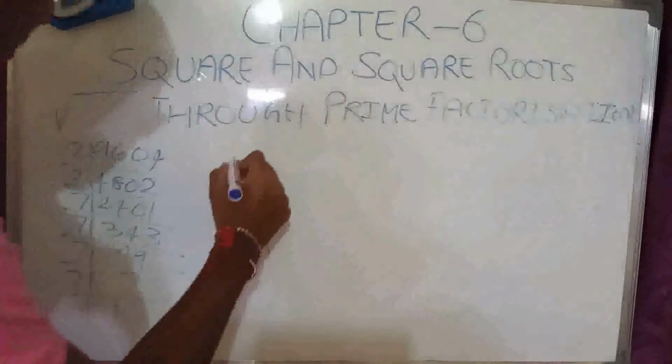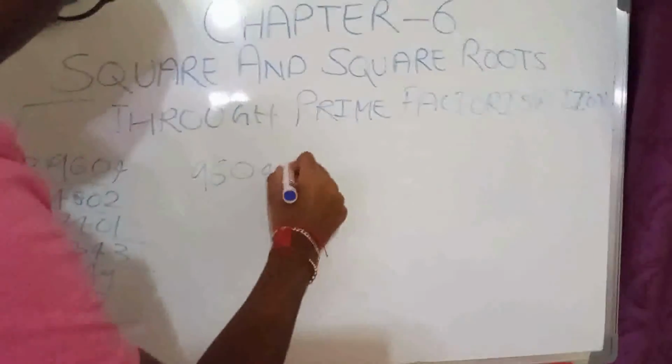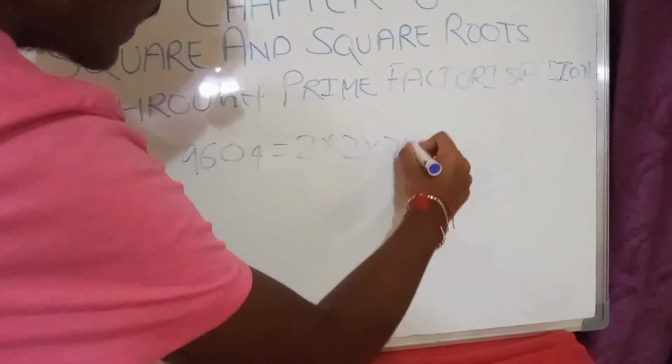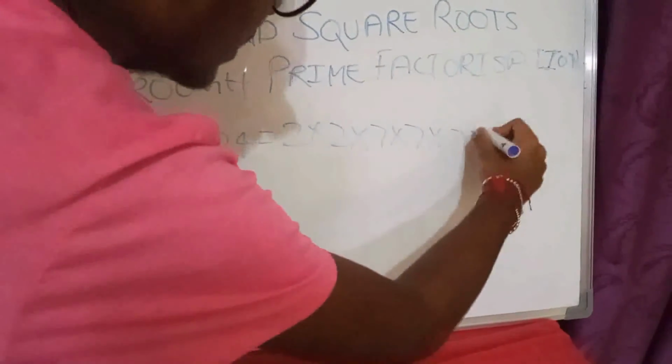So we get to know that 9604 equals 2 into 2 into 7 into 7 into 7 into 7.